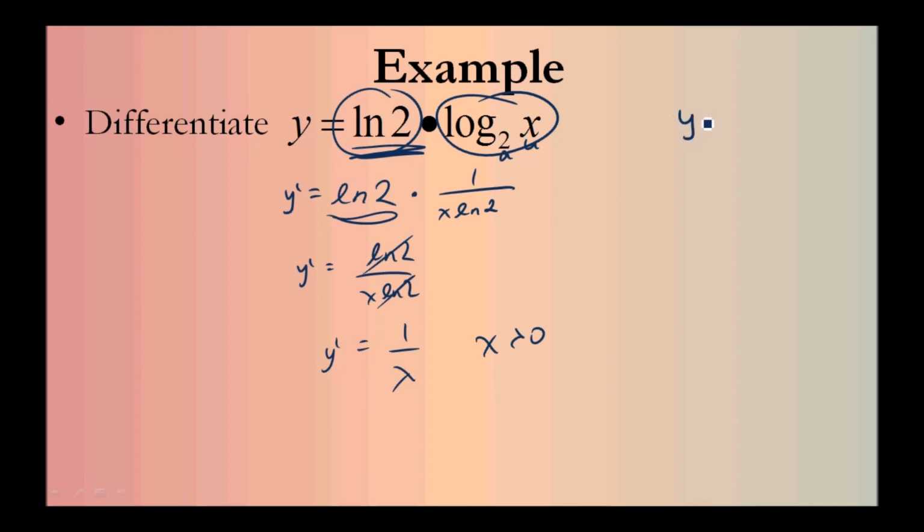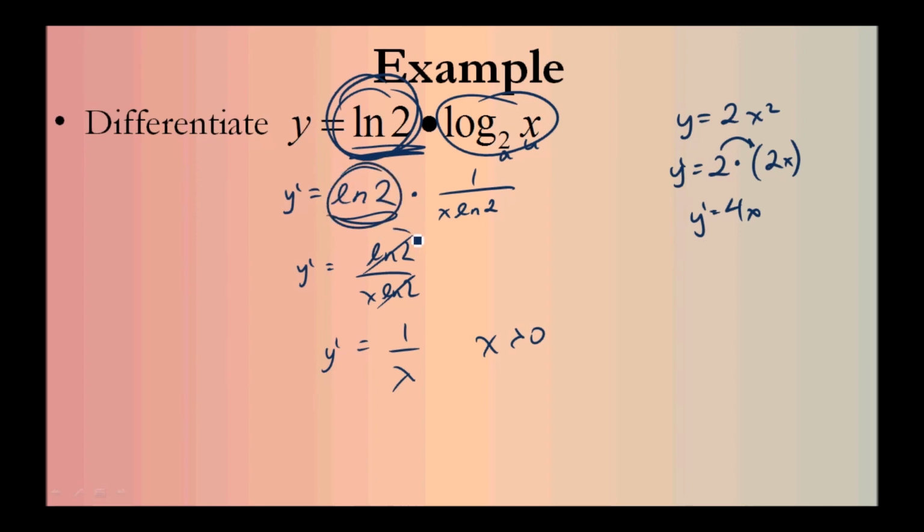So for example, y is equal to 2x squared. Y prime is equal to 2, we're just leaving the constant alone, times 2x, the derivative of x squared. Ultimately, this constant gets multiplied out, but the constant is left alone. So the natural log is simply left alone until it's canceled because of like terms, and we're left with 1 over x as our final result.